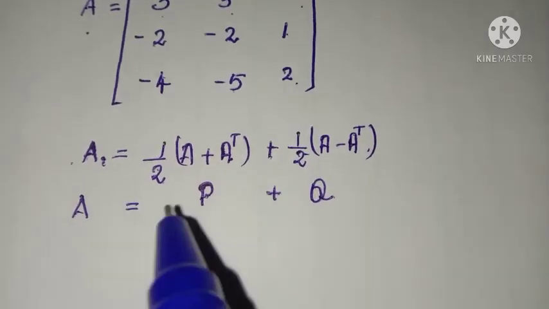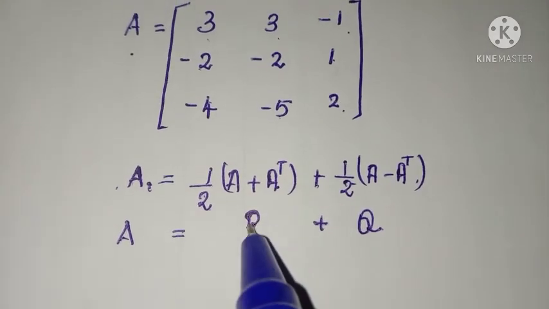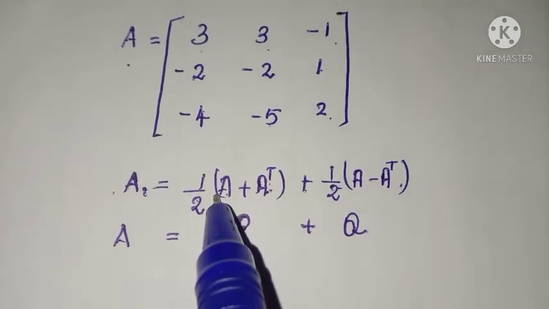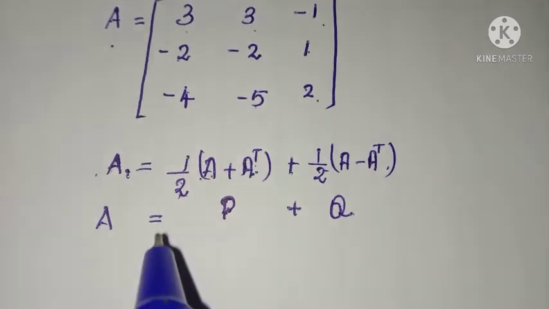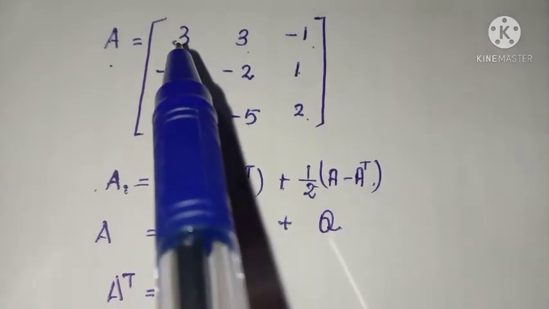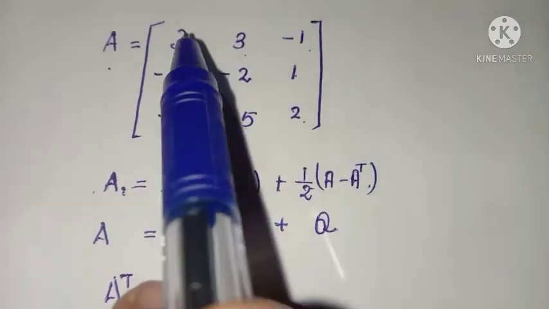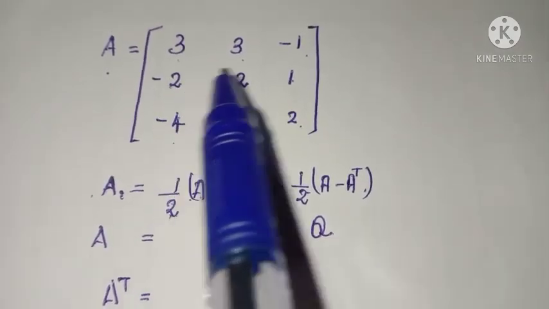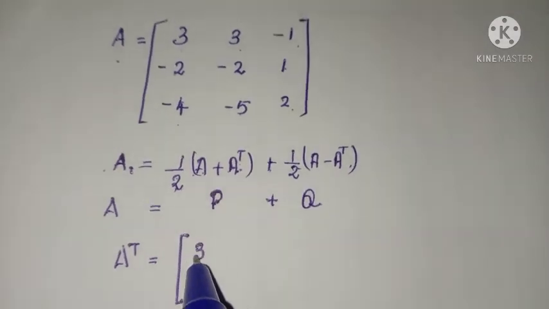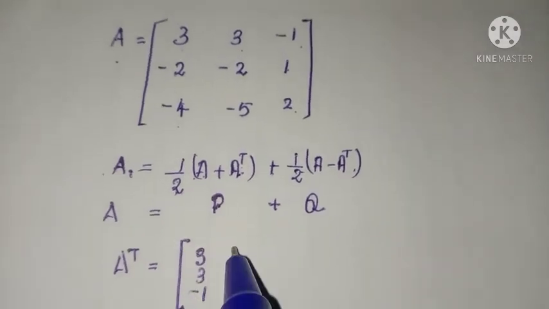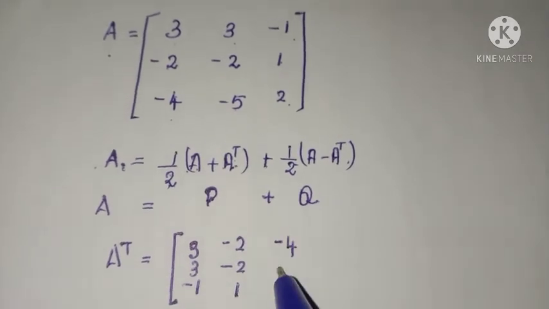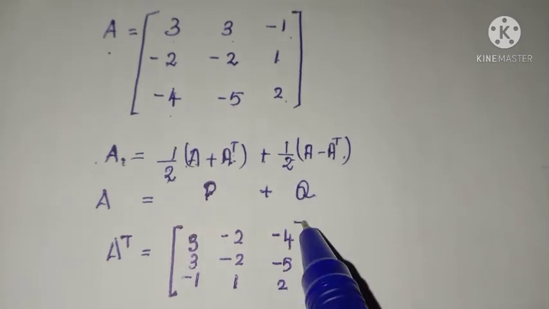Okay. For this, first we need to find the symmetric part, A plus A transpose, and the scalar multiplication with 1 by 2. So, what is A transpose? Transpose means just interchange row into column and column into row. So, A transpose equal to 3, minus 2, minus 4; 3, minus 2, minus 5; minus 1, 1, 2.